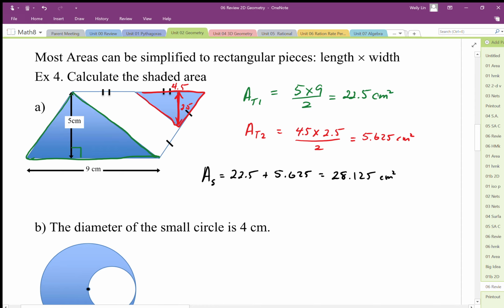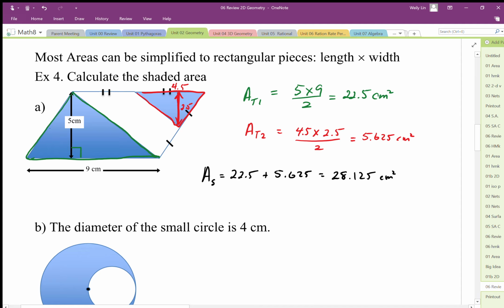An alternative way we could have done this is to take this area here, and since the length and width are half of the original, this red area is going to be 1/4 the area of the green.